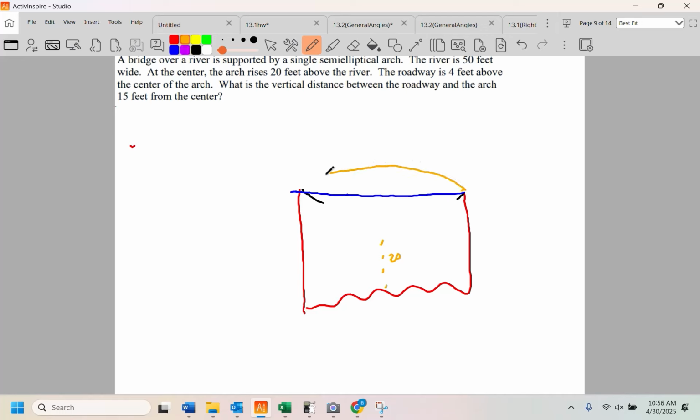This is what I want. At the center, the arch rises 20 feet above the river. The roadway is 4 feet above the center of the arch. So there's 4 foot here. Now, this is such a weird diagram. The way they're saying this, the roadway is 4 feet above the arch.